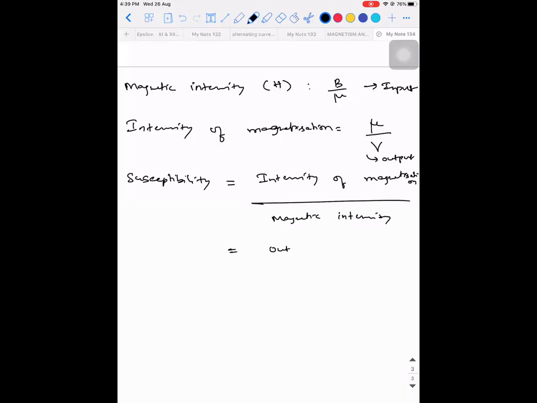So it is output divided by input, which is generally called efficiency. So susceptibility is something similar to efficiency. I'm just using the word efficiency for you to remember. Don't write the word efficiency in the answer, don't make that mistake. You have to go with this definition. Thank you, sir. Clear? Yes, sir.